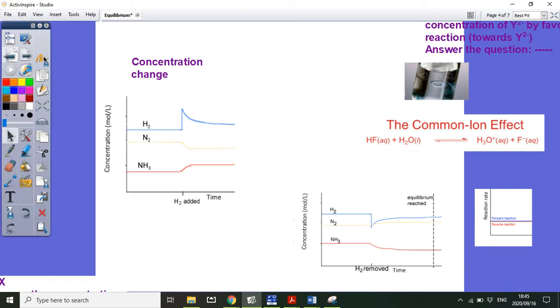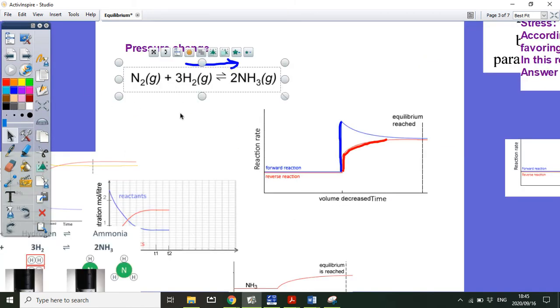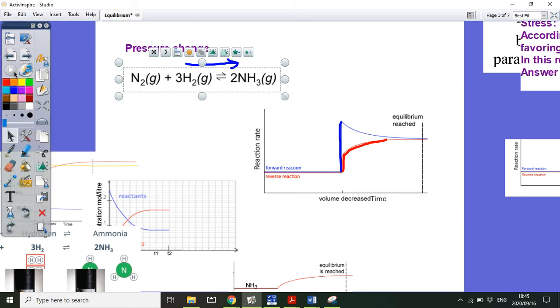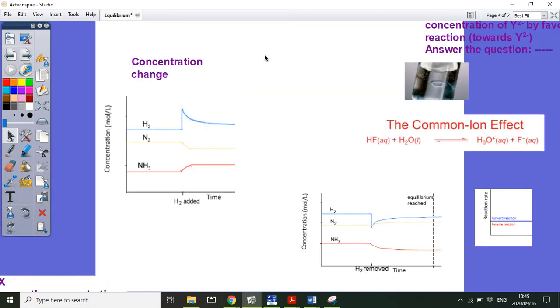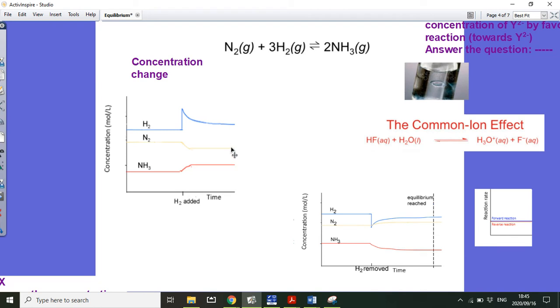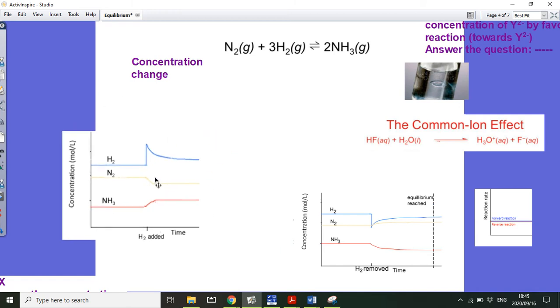So if we look back to our reaction here, the H2 is there, so it's going to favor away from the H2, forming more of this. But when the H2 gets decreased, the N2 goes with it because it's on the same side of the reaction. So you can see what's happening with the concentration. The mole graph again will look exactly the same.